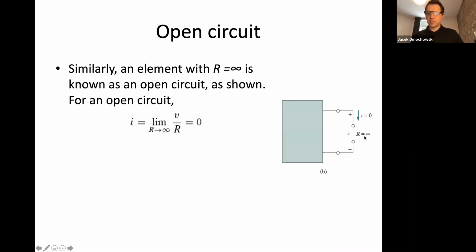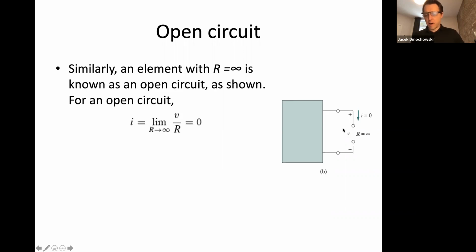I think that open circuits are conceptually easier for students to understand. It's just a limiting case. Mathematically, it's a limiting case of R going to infinity. And again, that's easy to understand. The electrons are not going to jump across a gap of air to go from here to here.